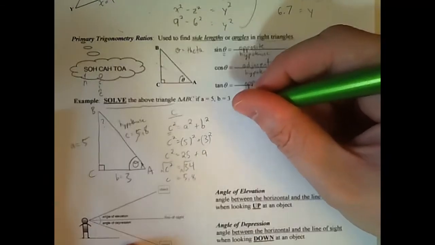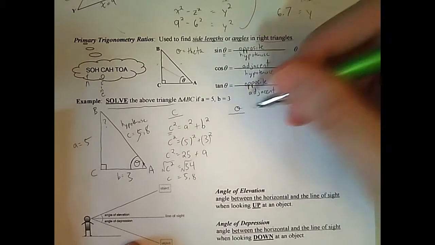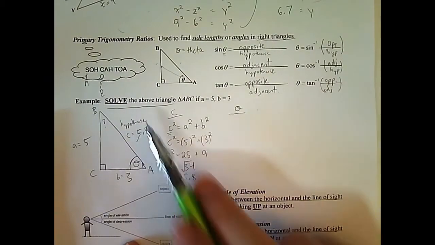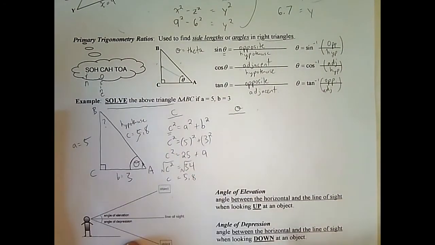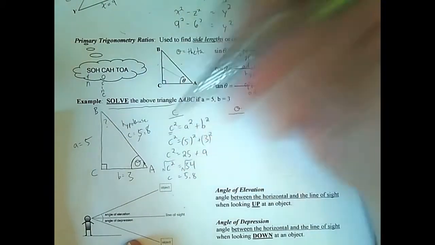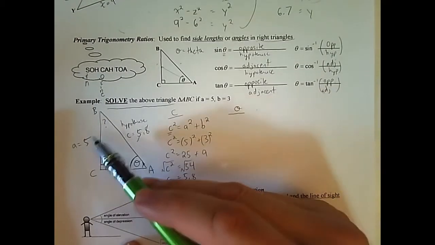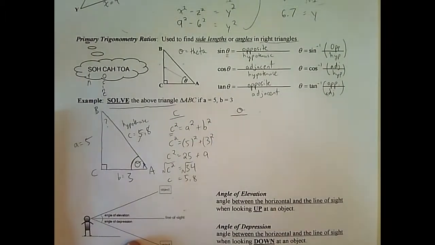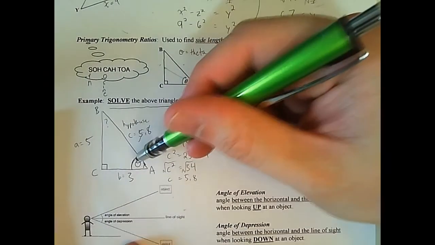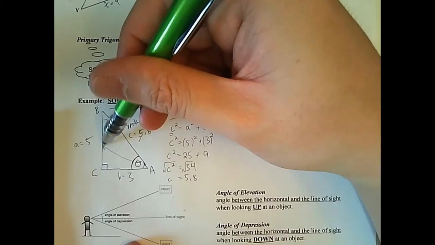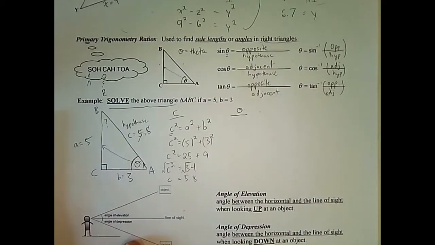So let's do the theta next. Well, we have the hypotenuse, but let's pretend we didn't have this. Let's say we just had A and B to work with. Well, if I have the angle here, and I have the two side lengths, that's enough information to find the angle. So from angle A here, this 5 is opposite, adjacent, or hypotenuse?